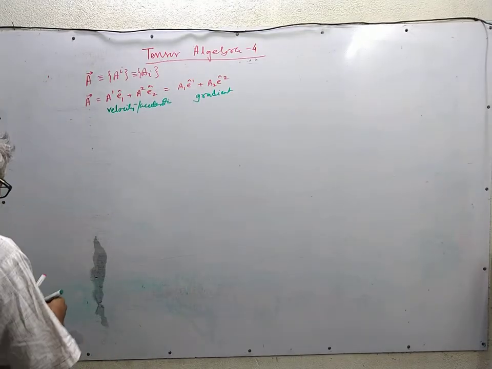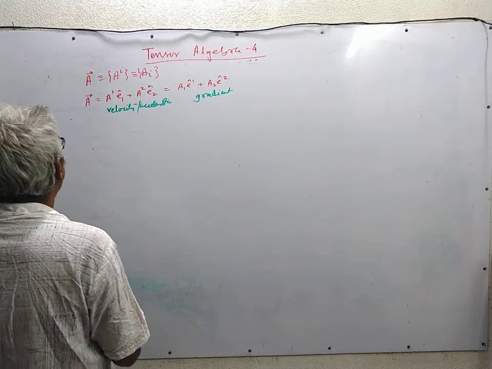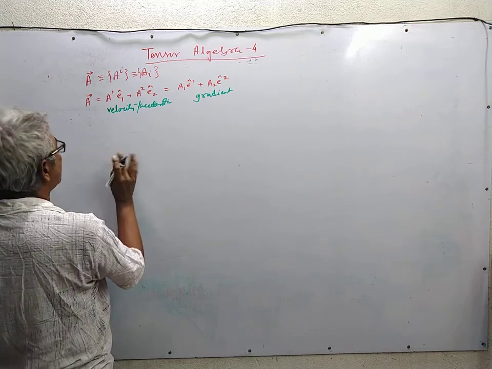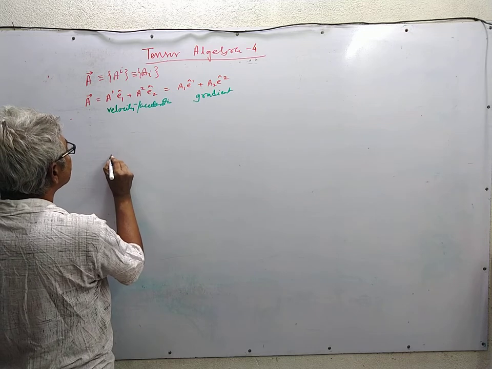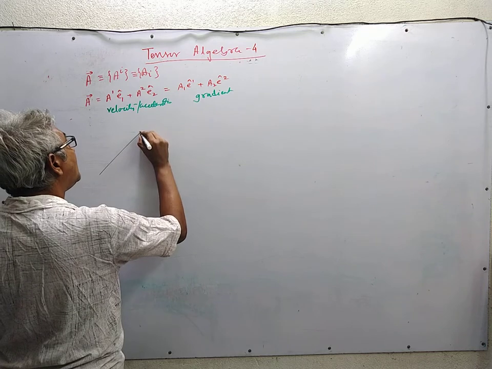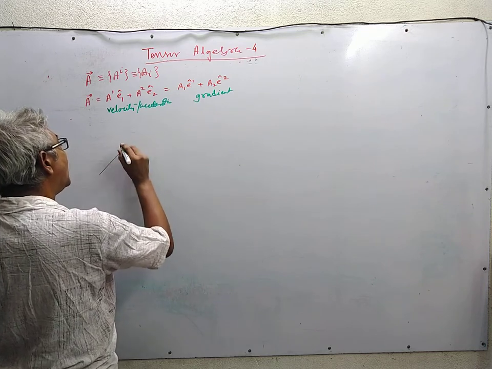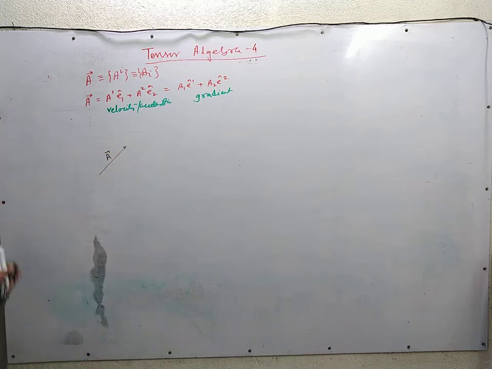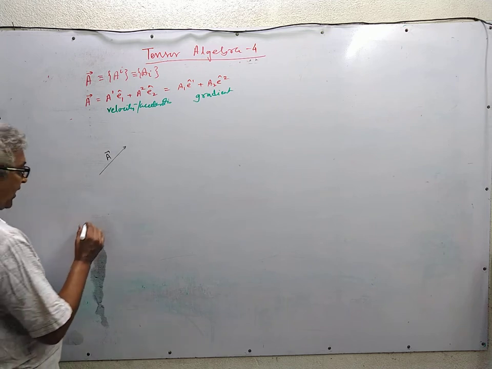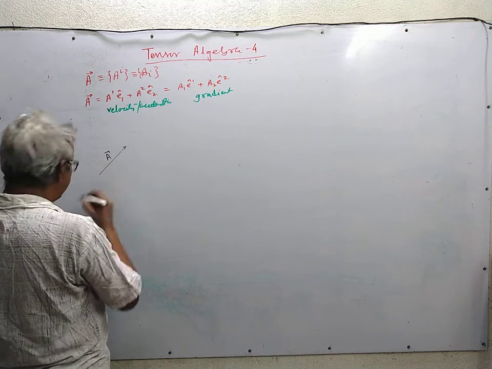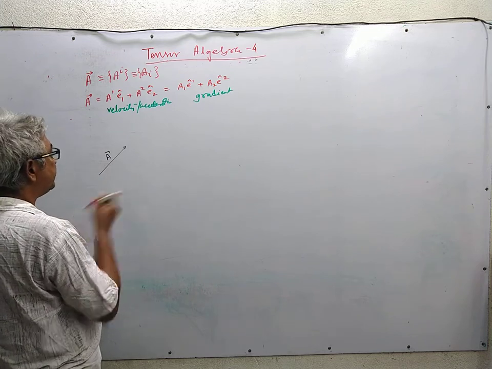So we consider an oblique, or non-orthogonal, coordinate system. We have a vector A, and we express it in terms of tangent vectors in a 2-dimensional space. These are the tangent vectors.